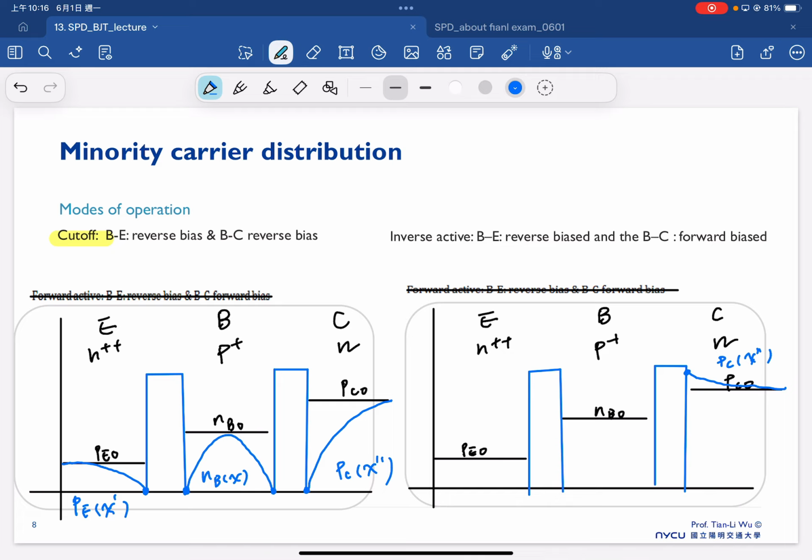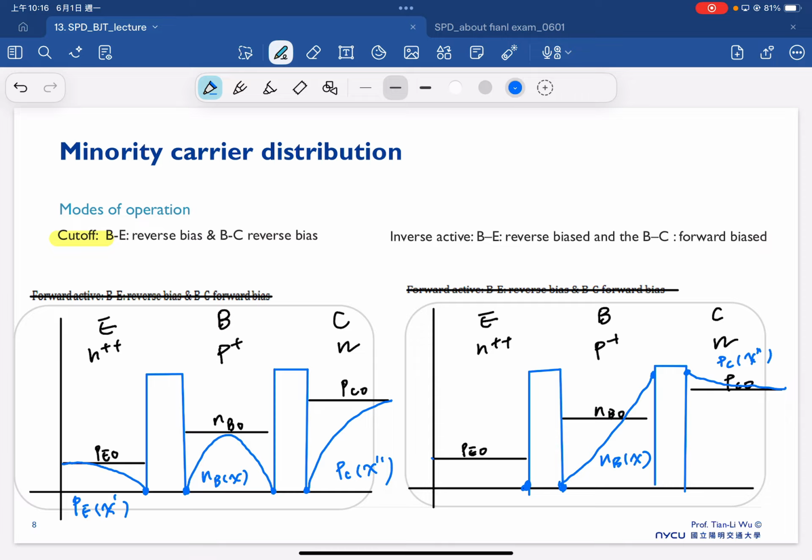And then again, the BE junction is under reverse bias. Therefore, the minority carrier concentration must be equal to 0 at these two locations. So we will have the minority electron distribution as shown here, which is NB with respect to the X location.